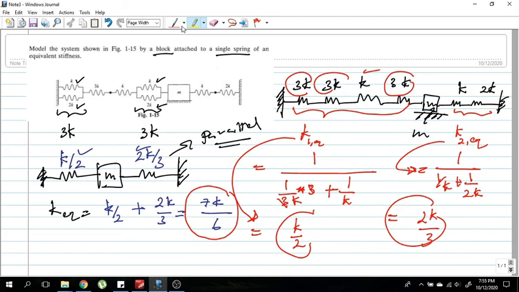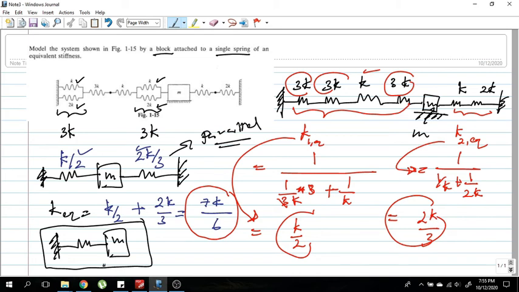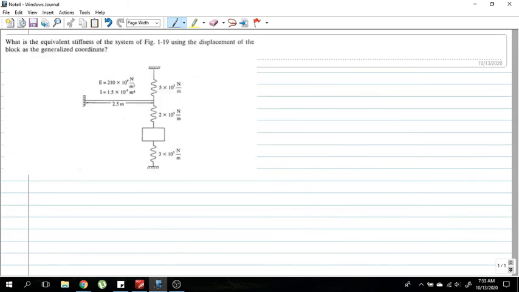We can draw the final system as this. So this is your final system with a single block attached to a single spring, and the equivalent stiffness value of this spring is 7k over 6.